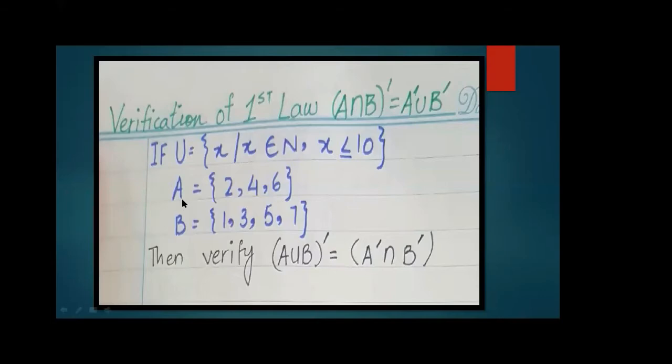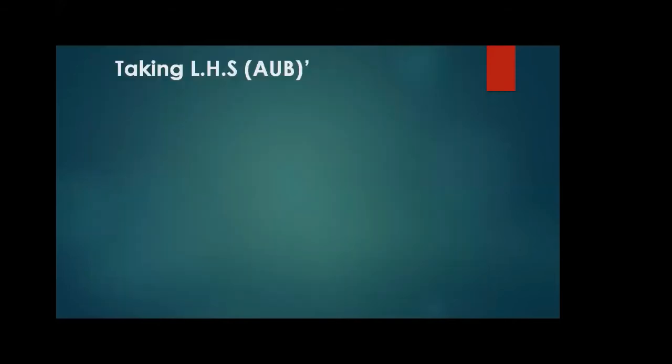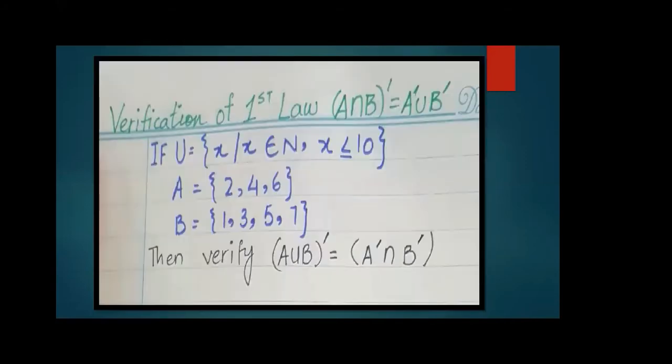Now A is equal to 2, 4, 6, and set B contains elements 1, 3, 5, 7. Then you will verify the statement. Now start the solution with the left hand side, that is (A union B) complement.